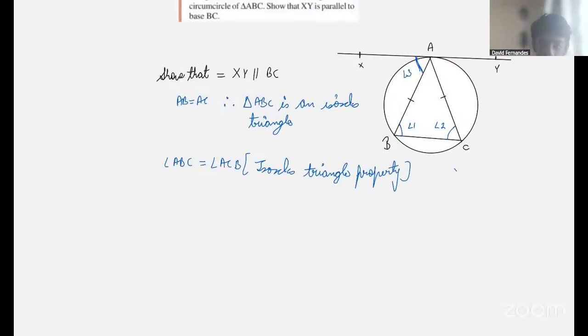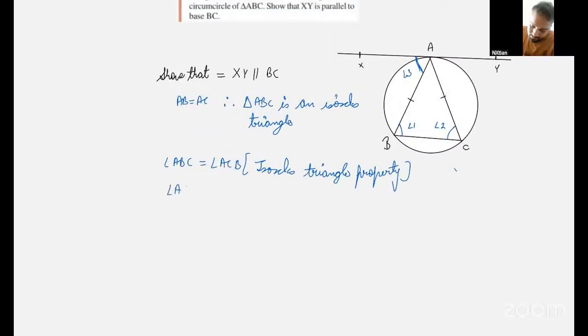So it means that angle ACB is equal to angle XAB. Why? Because of the alternate segment theorem.